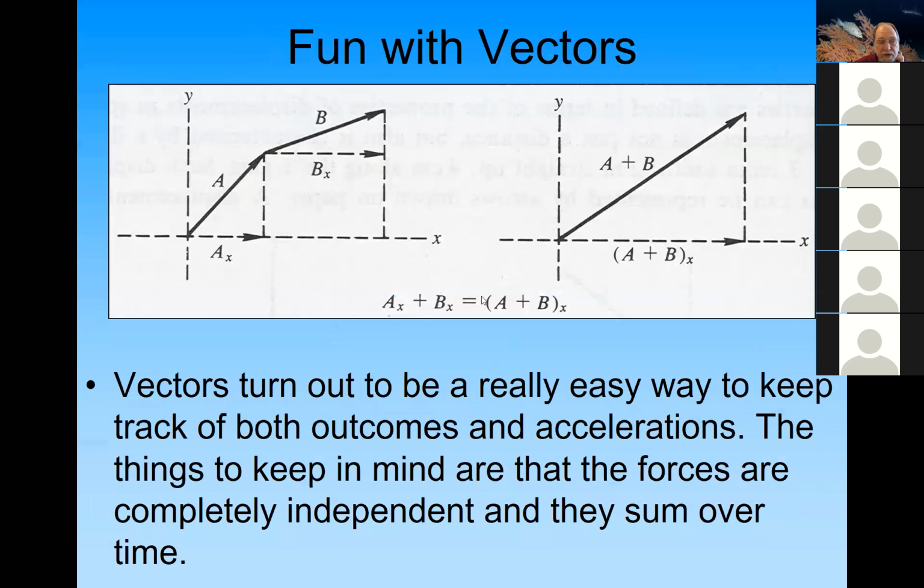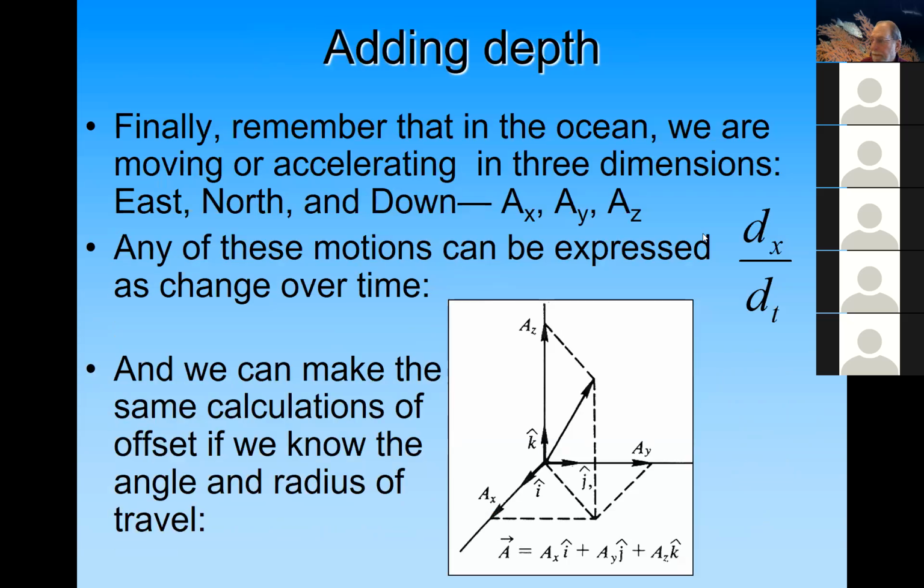And it turns out that we can add vectors. If we want to know the total acceleration, the first initial acceleration was in this direction, and the secondary acceleration in this direction. We add together a plus b to get x. Okay? And so we can sum up over multiple directions.